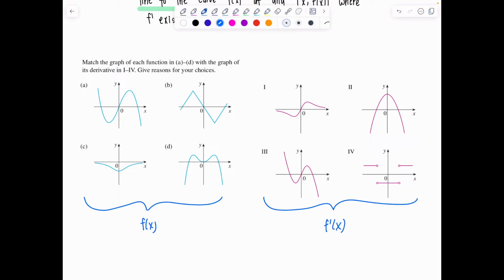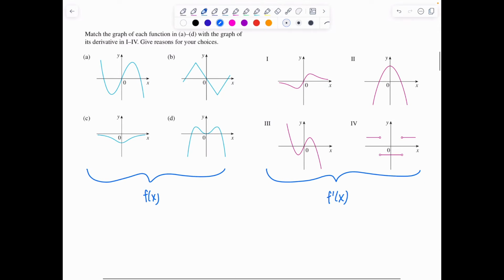Now, I'm going to give you my biggest helpful hint. When you look at the graph of the function, wherever the slope of the tangent line is 0, meaning it's flat, that's where f prime is going to have an x-intercept. I'll repeat that.